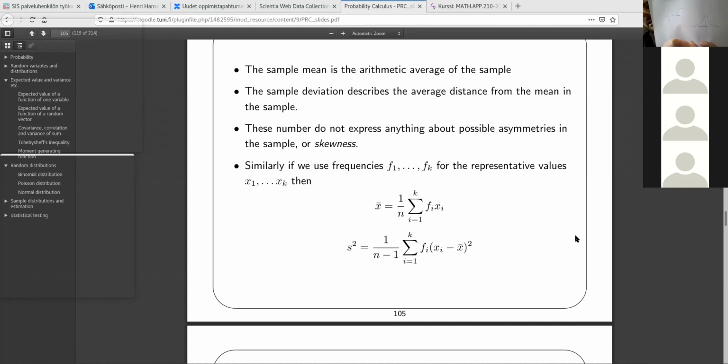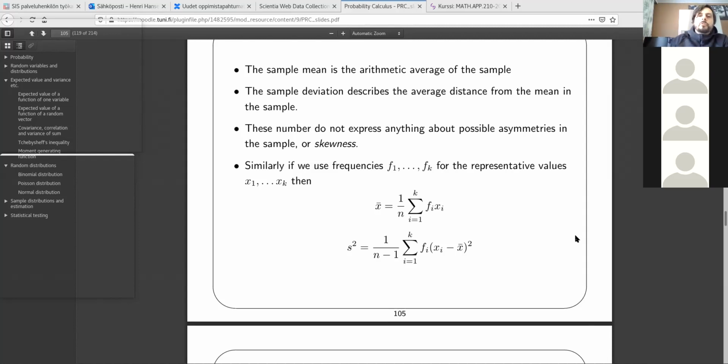We cannot capture this idea in these numbers. So you have to understand that these two numbers can describe our distribution only with respect to where the average is and how wide it is. But if it's asymmetric or something, that's not going to be seen in these numbers.